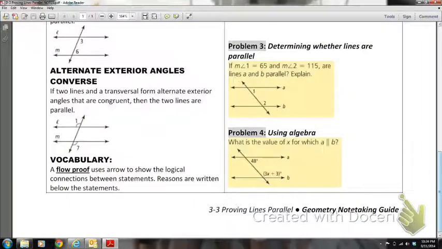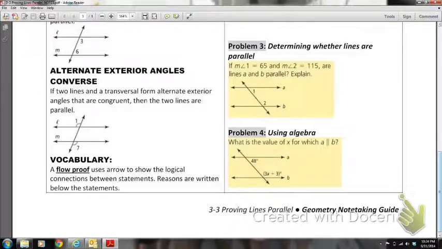In problem 3, we're determining whether lines are parallel. And we are given a diagram, and it says if the measure of angle 1 is 65 degrees and the measure of angle 2 is 115, are lines A and B parallel? And explain that.